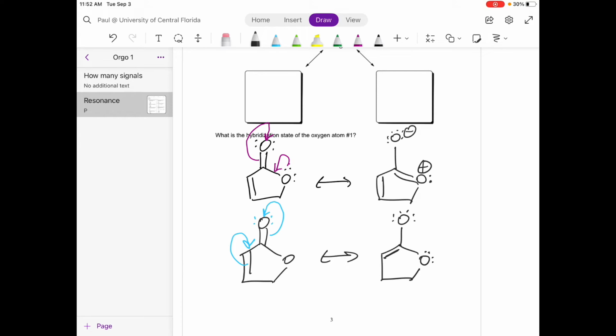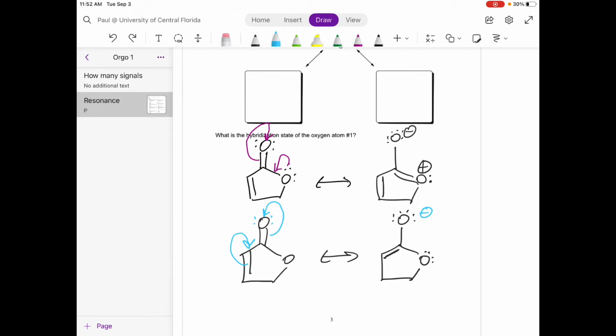So now we just need to reassess our formal charges. We clearly can see that that had double bond character at one point, now a single bond. So we know we have to figure out the formal charge of that oxygen atom, and that's going to be -1. This carbon right here has now lost a double bond. You see how there's a double bond there, but now it's gone.